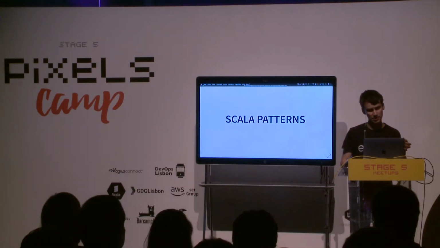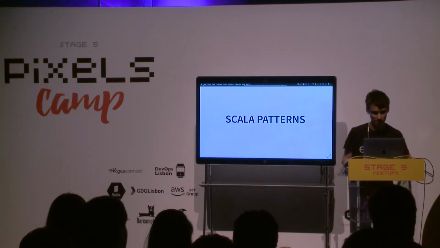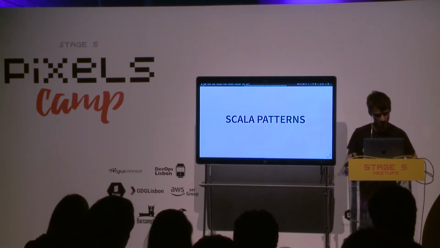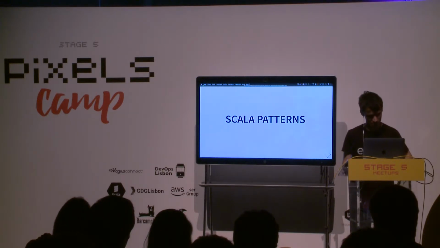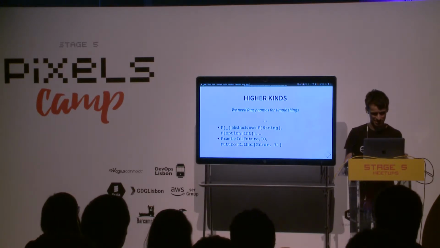So STTP uses a bunch of interesting Scala patterns. I think most of you that work in Scala daily know this, but this is more for people starting out. So higher kinds, which I already explained, are these F underscore things. These are fancy names, but are just types where you can fill in holes.